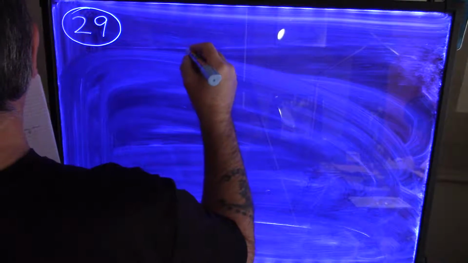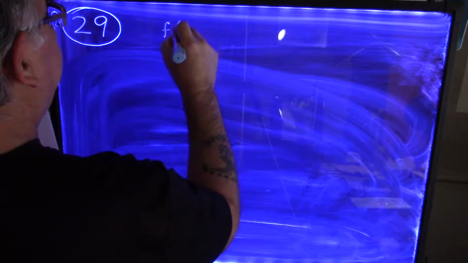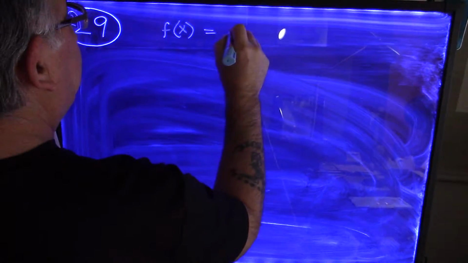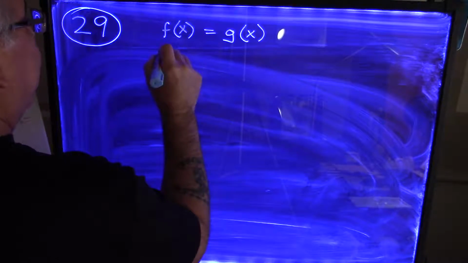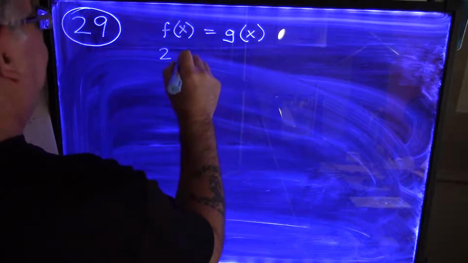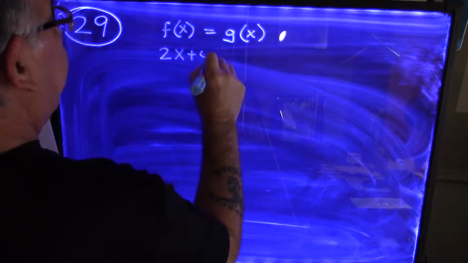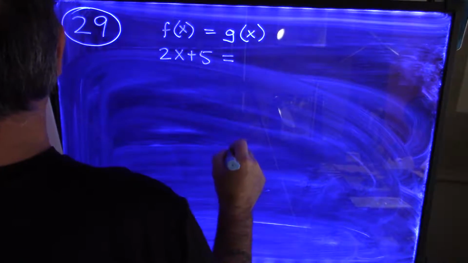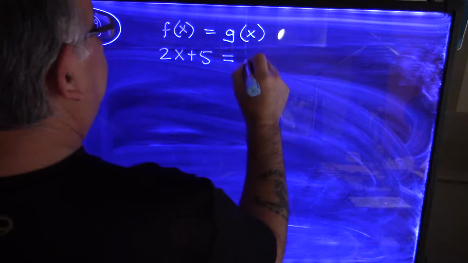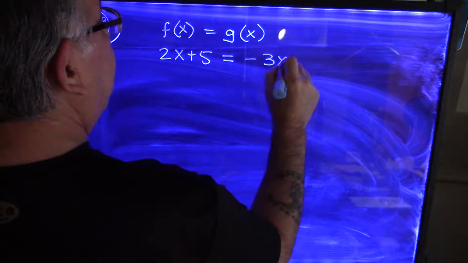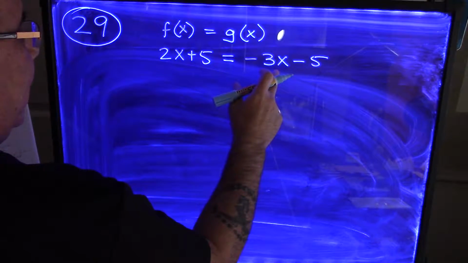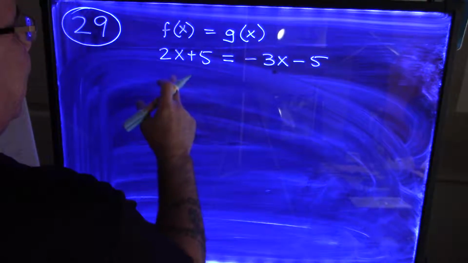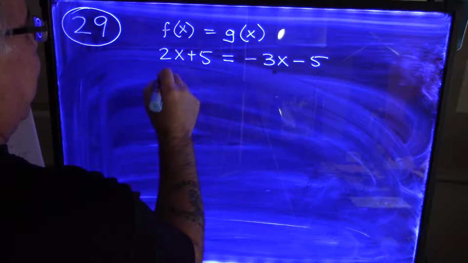All right. So we're going to set f of x equal to g of x and then solve for x. So f of x is 2x plus 5 and g of x is negative 3x minus 5. Let's transpose this term, negative 3x, to that side, so that becomes positive 3x.